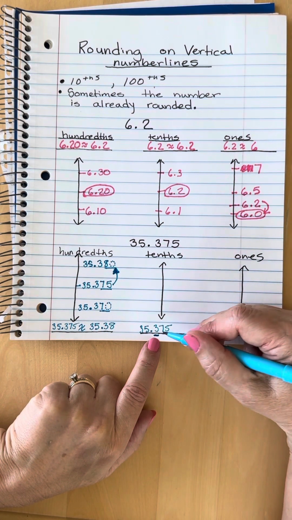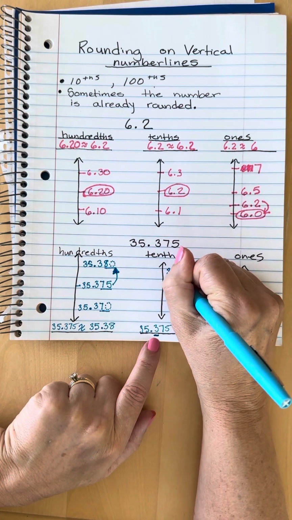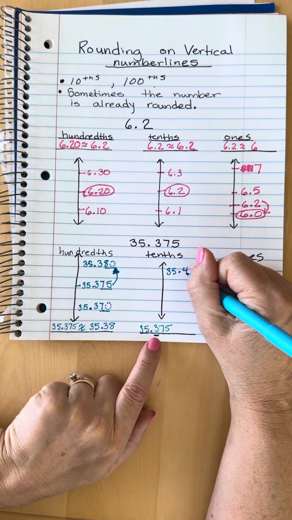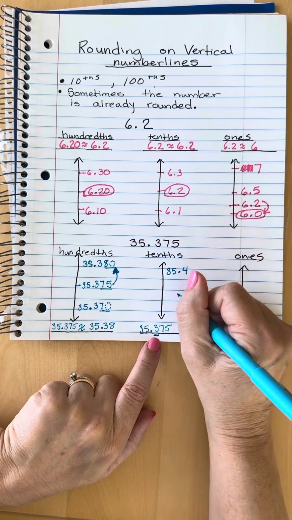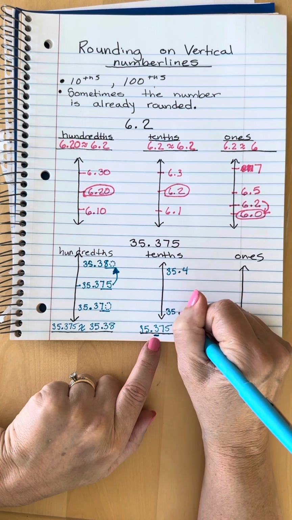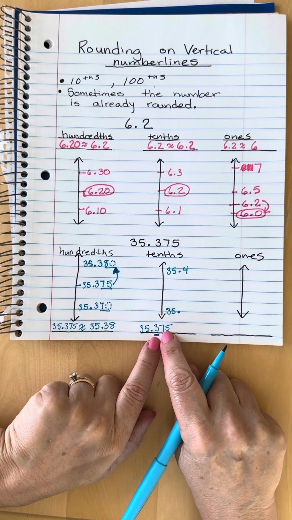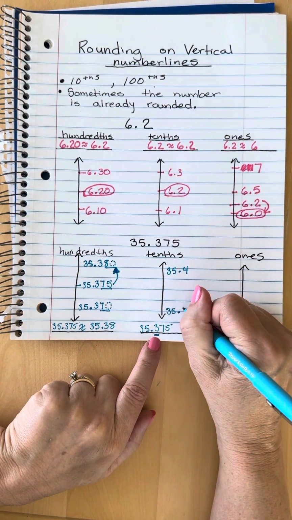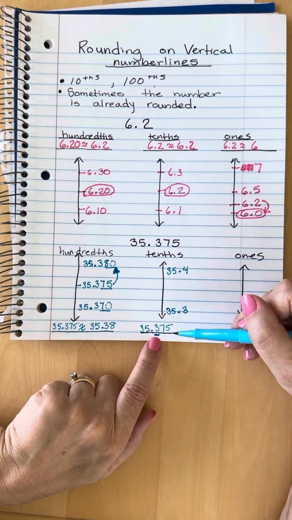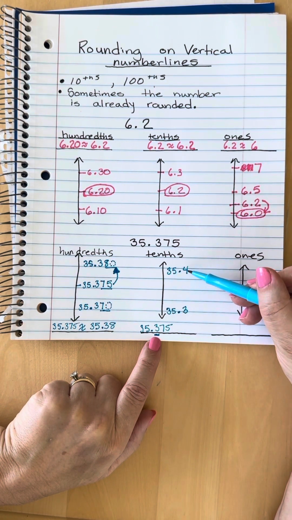That means if I go one more, it would be 35 and 4 because 4 is one more than 3. If I round it down, these two would turn to zeros, so 35 and 3 tenths. So this number will fall between 35 and 3 tenths and 35 and 4 tenths.